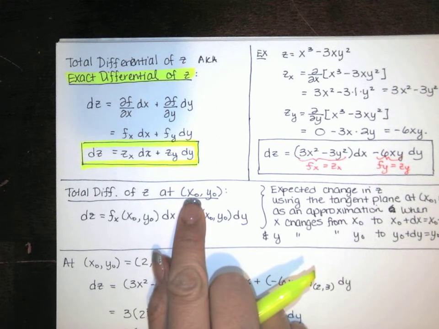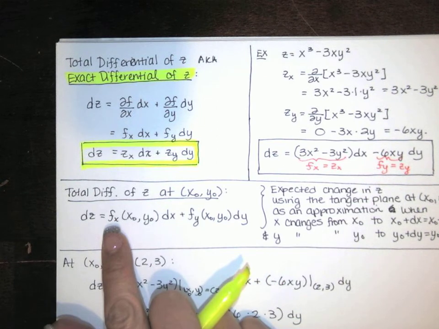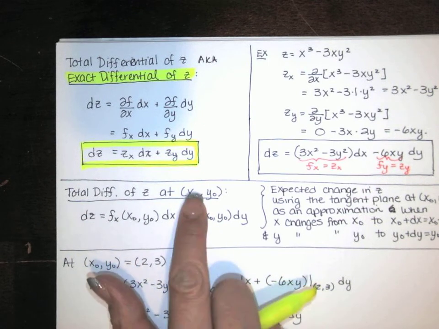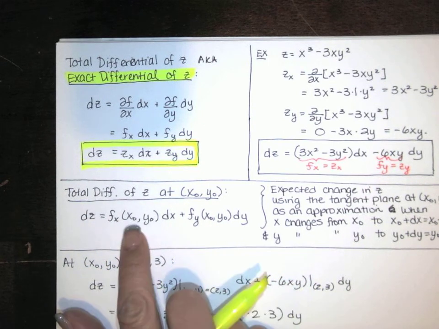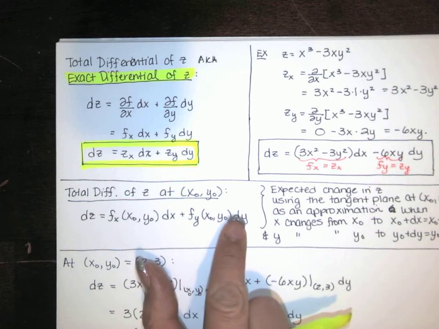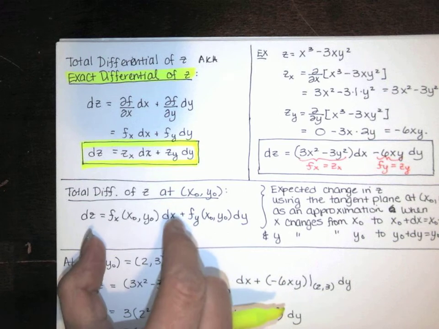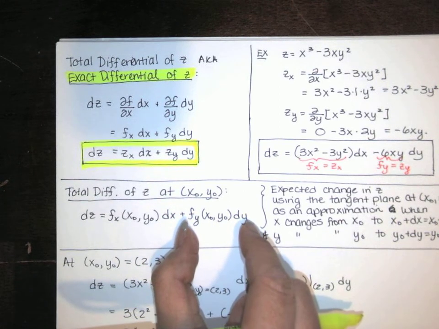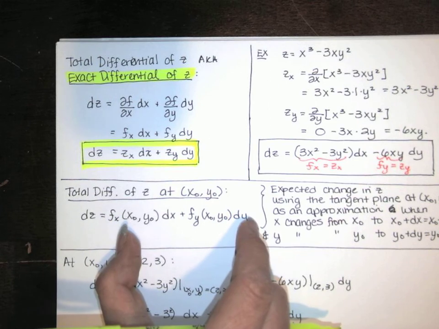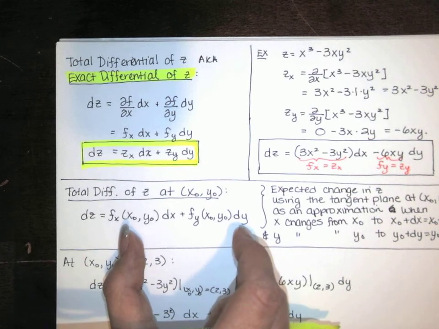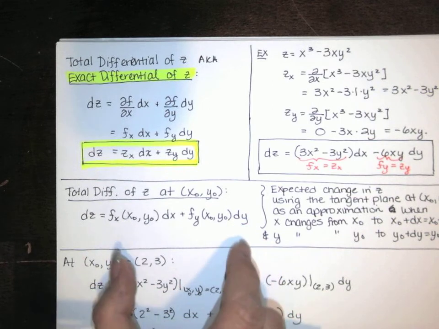Well, that's when you've got this base point. That's where you're creating your tangent plane at x naught, y naught. If you substitute that x naught, y naught into those partials, you're getting a slope in the x direction times a tiny change in x, plus a slope in the y direction times a tiny change in y. This is giving you a change in z as x changes, and this is giving you a change in z as y changes. The total change in z as x changes from x naught to x naught plus delta x, and y changes from y naught to y naught plus delta y.